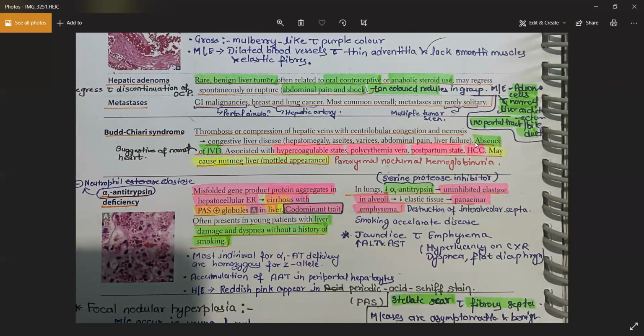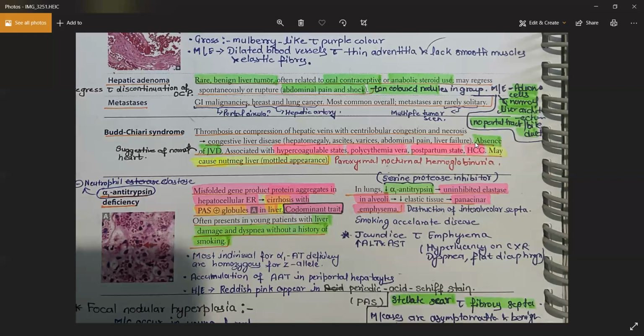It requires elastin, right? If the elastin is degraded, what's going to happen? Your lungs become very dilated, right? So the function of alpha-1 antitrypsin, which is a serine protease inhibitor, is to inhibit elastase.